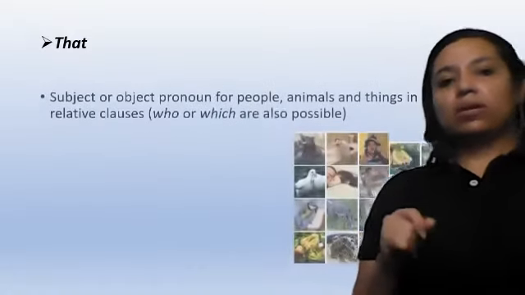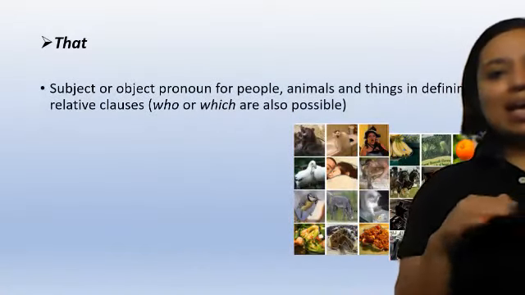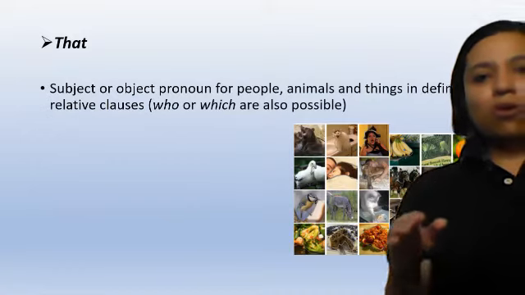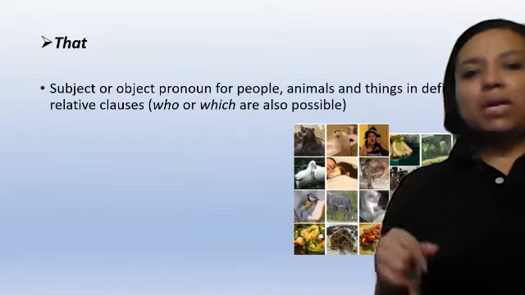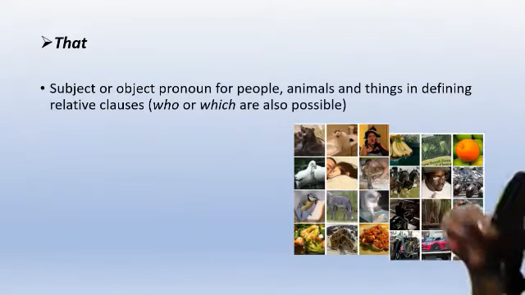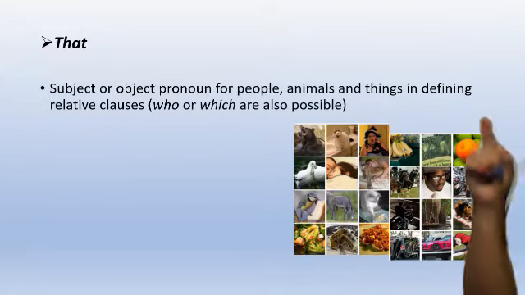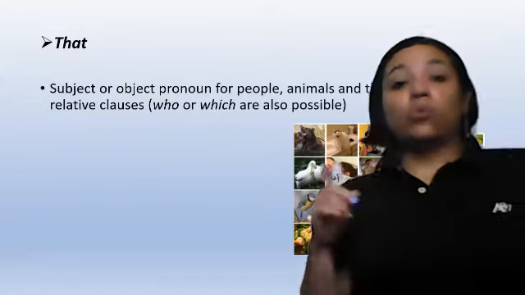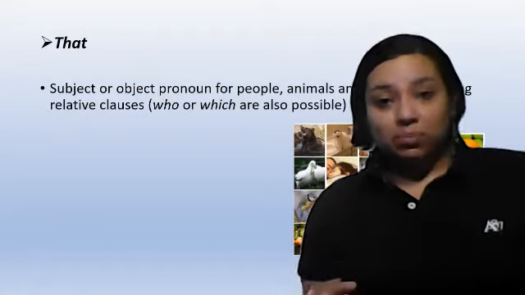The last one of this category, that. This one is for any subject or object pronoun, people, animals, things, but in defining relative clauses, where who and which are also possible.